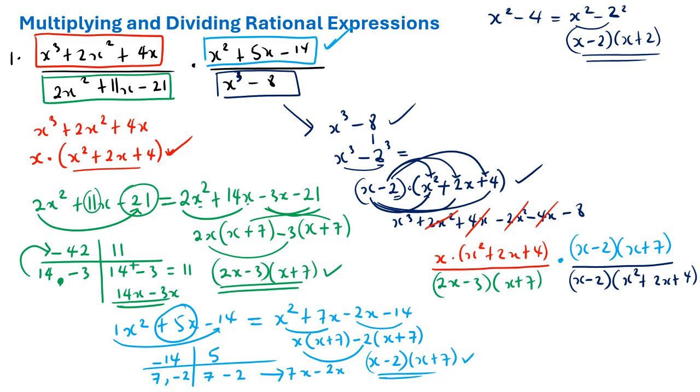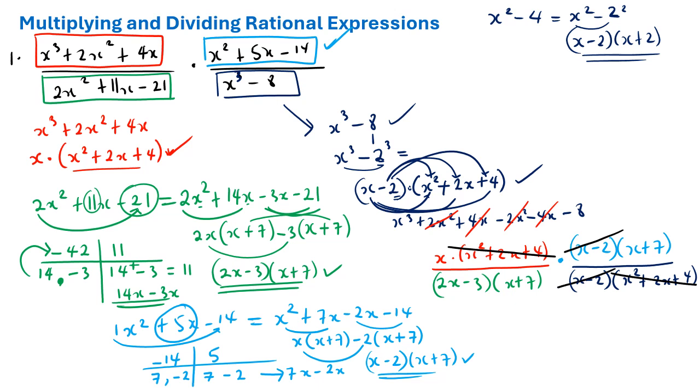So we are now going to just look at the factors that are common and just begin to reduce them. So this is the goal right here. So I can see that x squared plus 2x plus 4 is appearing in both the numerator and denominator. So I can cross those out. I can also see x minus 2 over here and x minus 2 in the denominator. So those cross out.